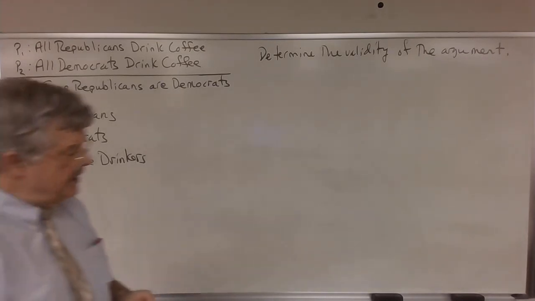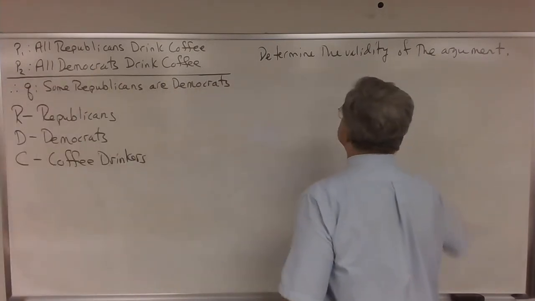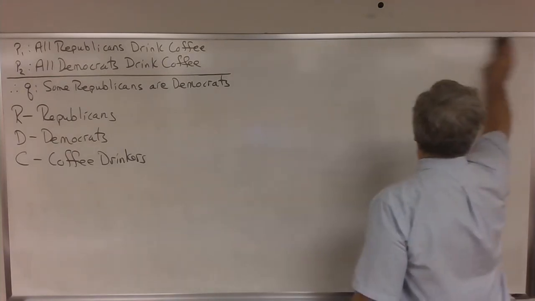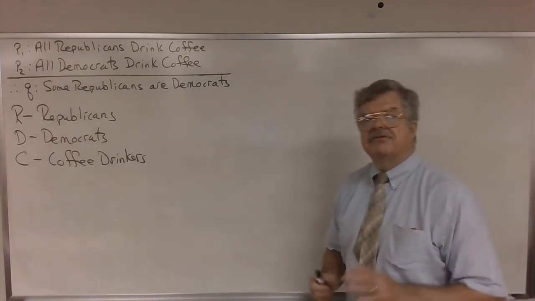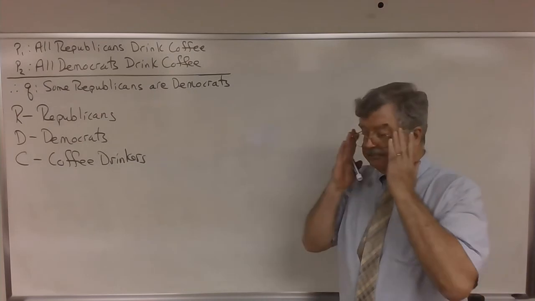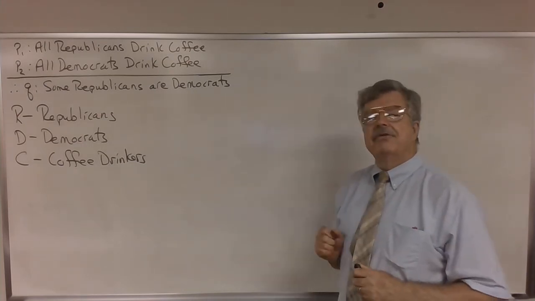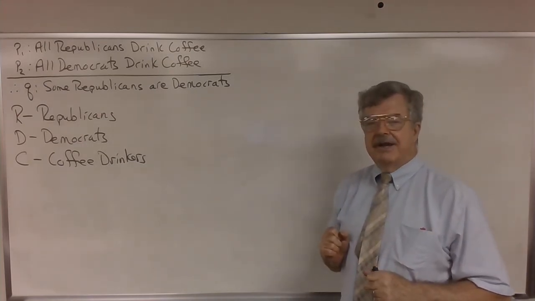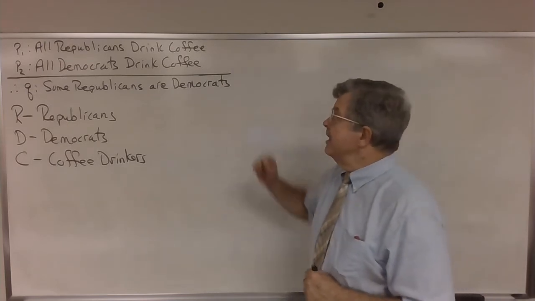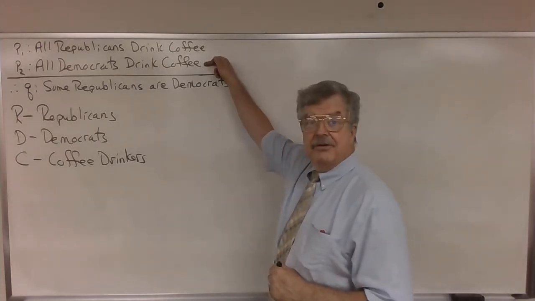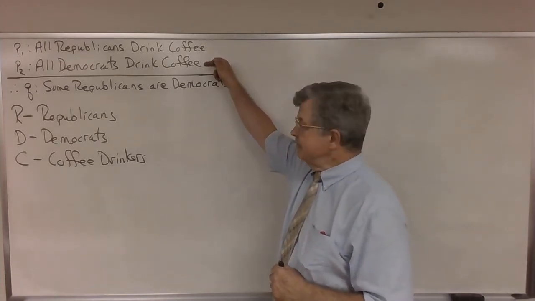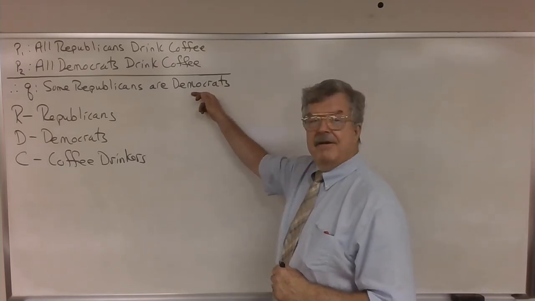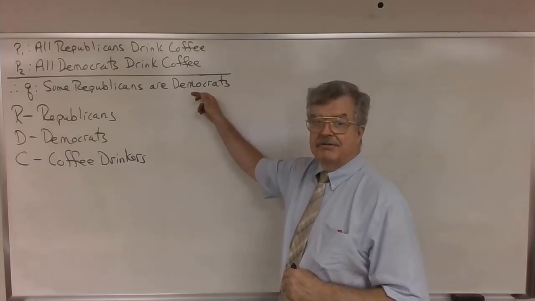And let's see how we're going to approach this. Our strategy is the same. We try to draw the diagram in such a way that all of the premises are true, and if possible, have the conclusion be false.